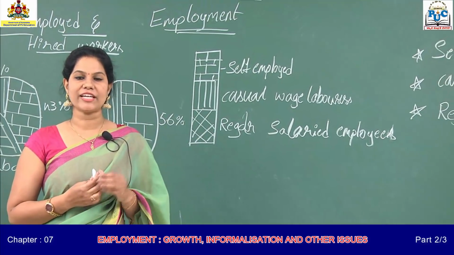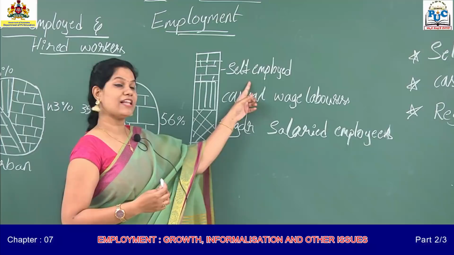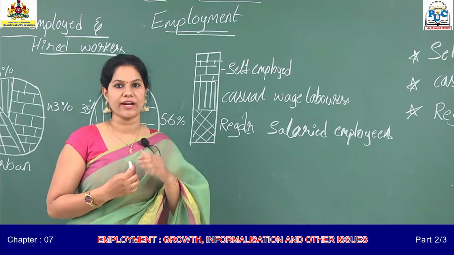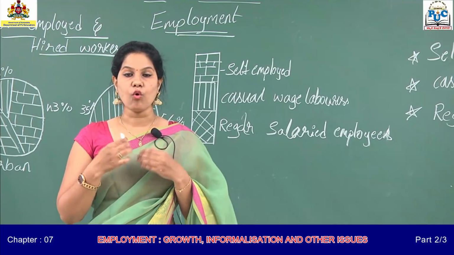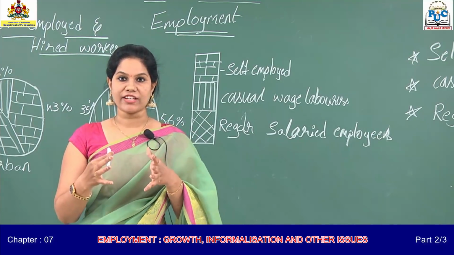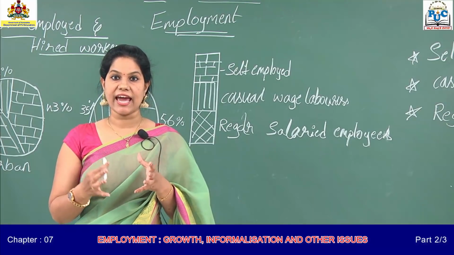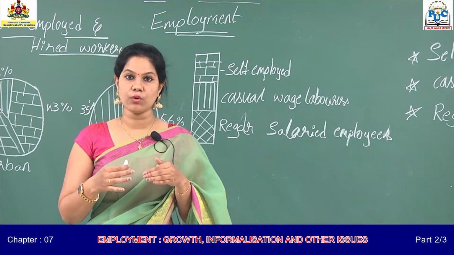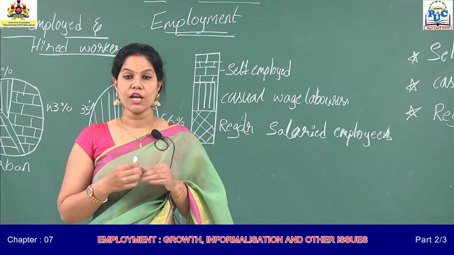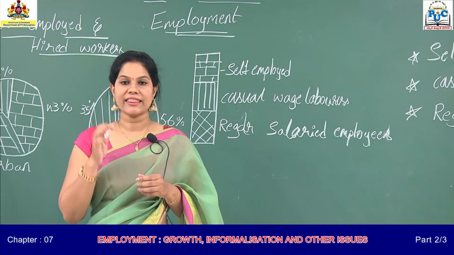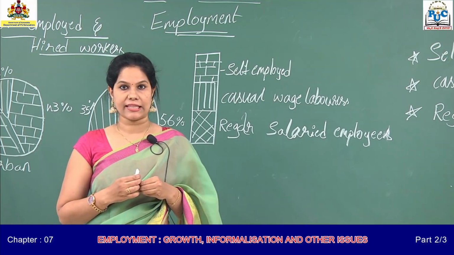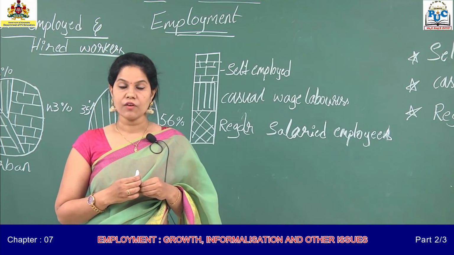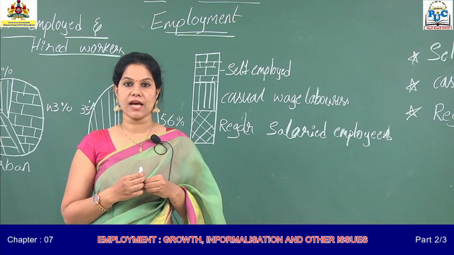First of all, let me talk about self-employed people. Who is self-employed actually? Without depending on anyone, they own their own business, factory, or institution, and they earn their livelihood on their own, not depending on anyone. That's called self-employed. They do not depend on anybody to give them a job. Without depending on anybody, they have started some business.